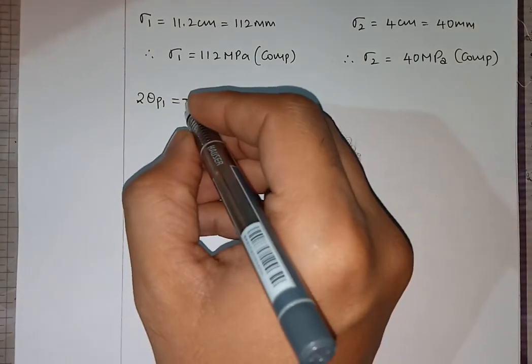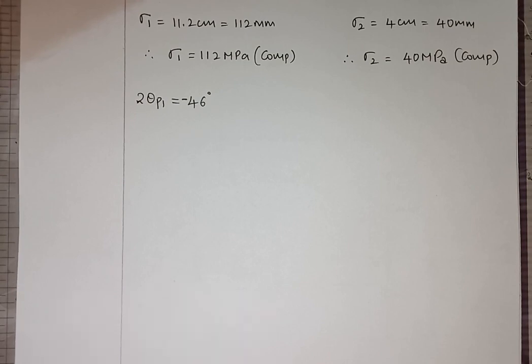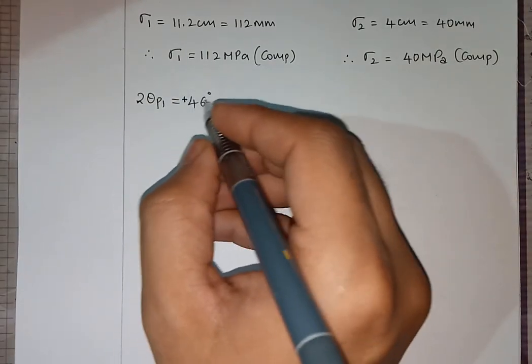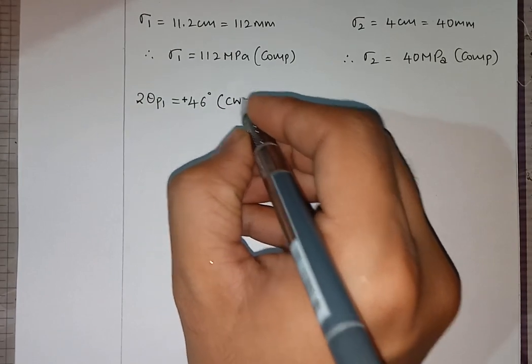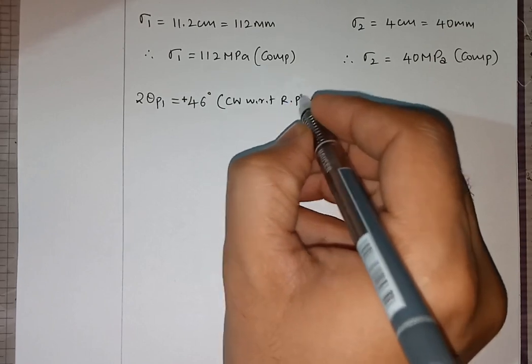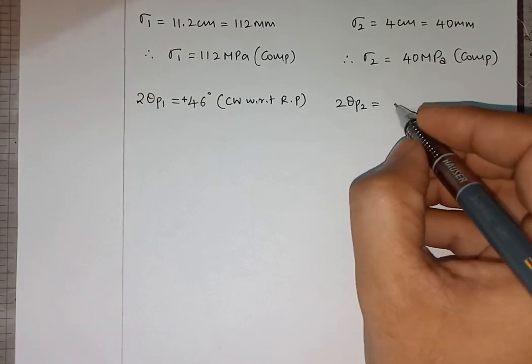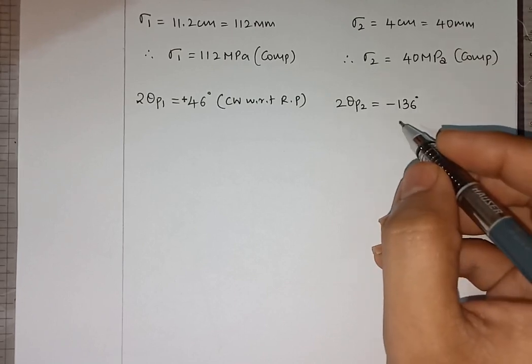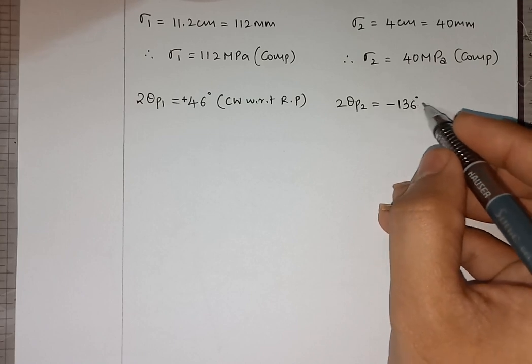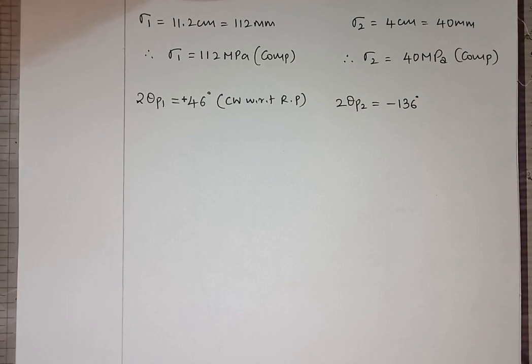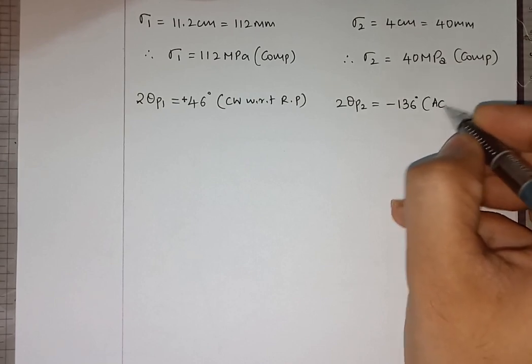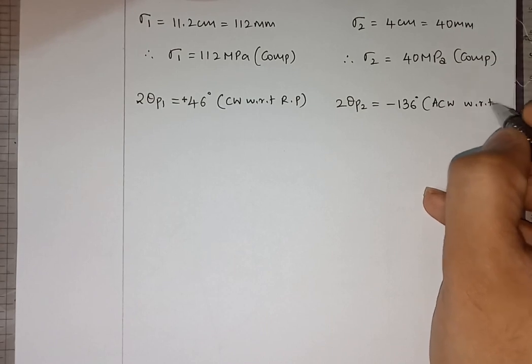I'll take 2 theta p1 as 46 degrees. You can take this as positive because it is in the clockwise direction, clockwise with respect to the reference plane, and 2 theta p2 I'll take as minus 136 degrees, because it is making an anti-clockwise direction with respect to the reference plane.